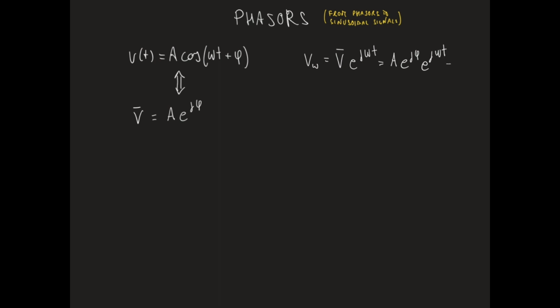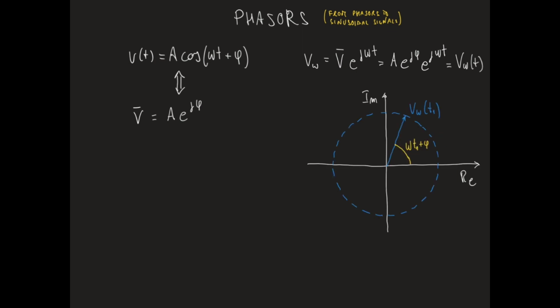V sub omega is a function of time. In the complex plane, V sub omega can be represented as a vector rotating around the origin with angular frequency omega, or with frequency omega over 2 pi.